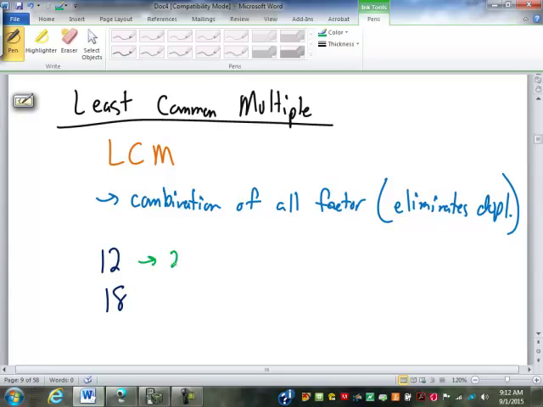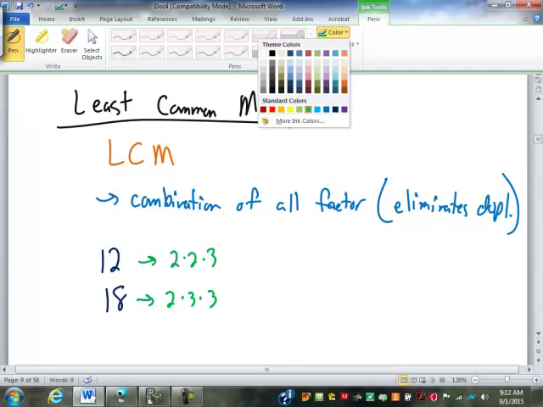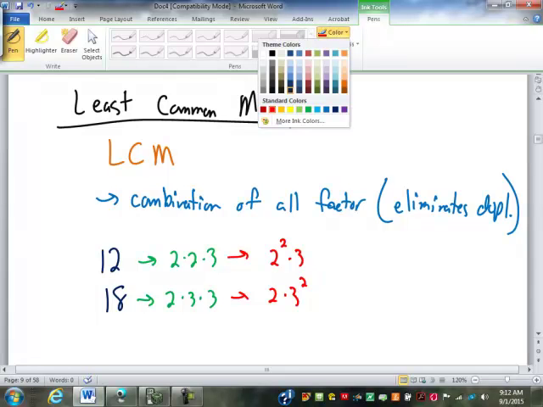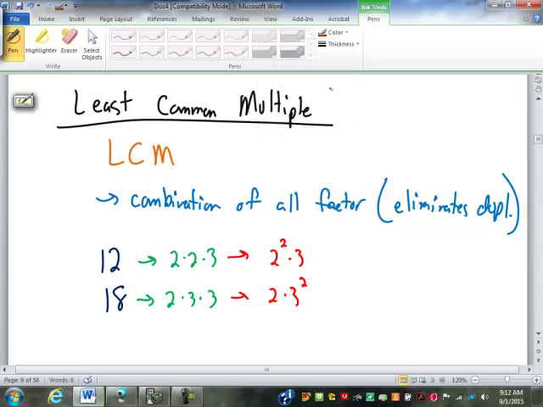So if I factored 12, it is 2 times 2 times 3. 18 is 2 times 3 times 3. The easiest way to eliminate common factors is to use the powers. I'm going to write this as 2 to the second power times 3. This is 2 times 3 to the second power. And the way I do the least common multiple is I take all of the factors.